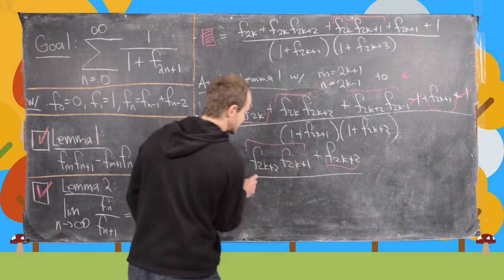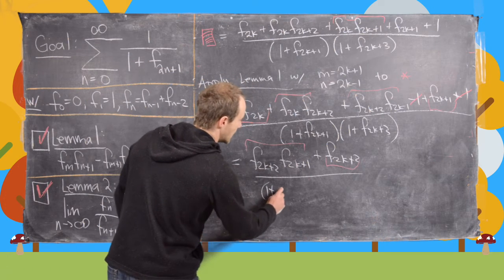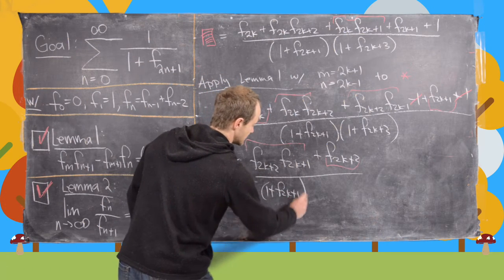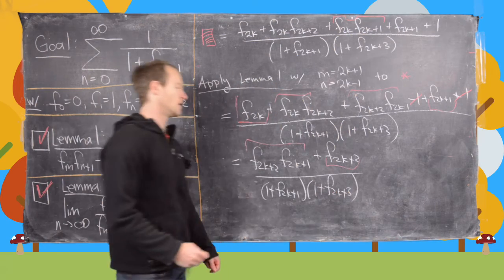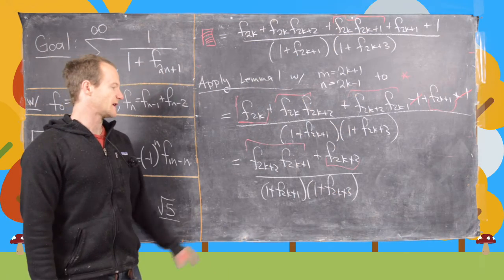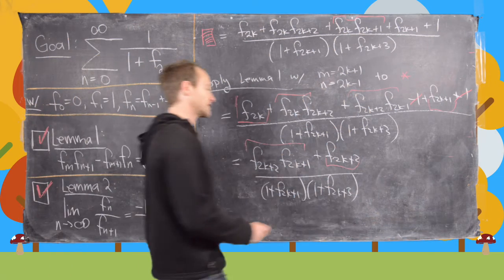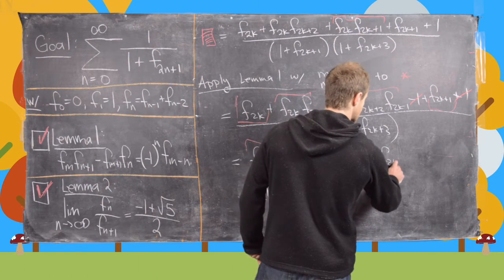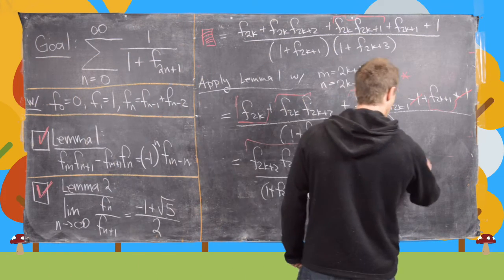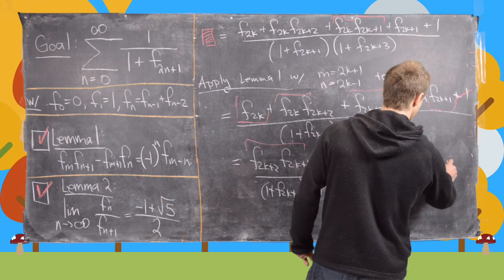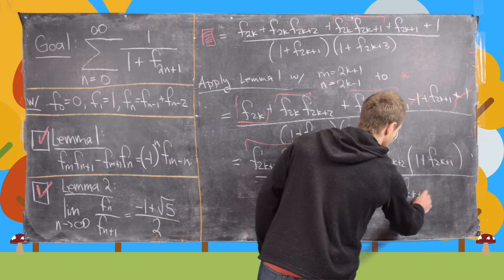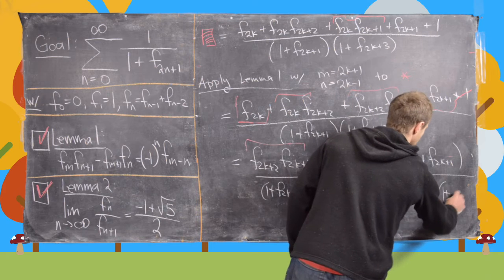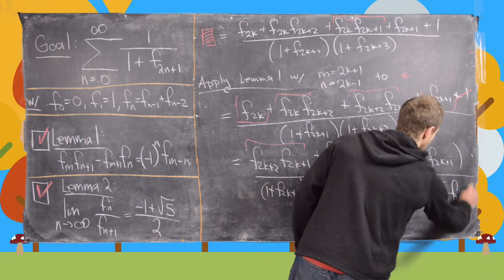And now notice that's still over our denominator, so 1 plus f sub 2k plus 3. Okay, good. Now we can factor out an f sub 2k plus 2 here. Notice we get f sub 2k plus 2, and then we have 1 plus f sub 2k plus 1. Now this is all over 1 plus f sub 2k plus 1 times 1 plus f sub 2k plus 3.